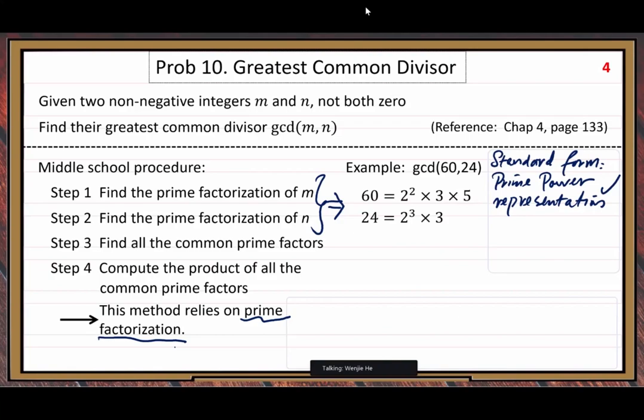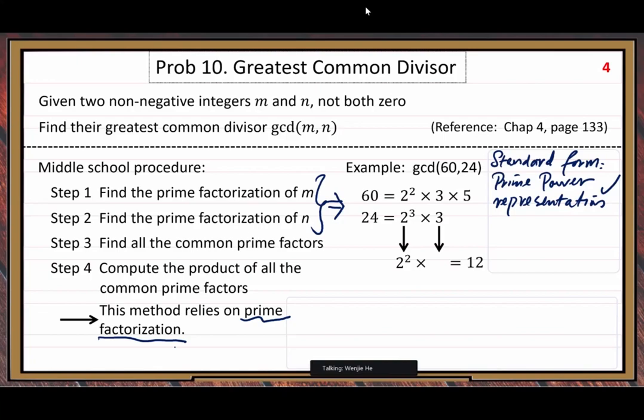Then we examine each prime number in the factor list. For the prime 2, we get the greatest common prime factor 2 squared. For the prime 3, we get a common prime factor 3.